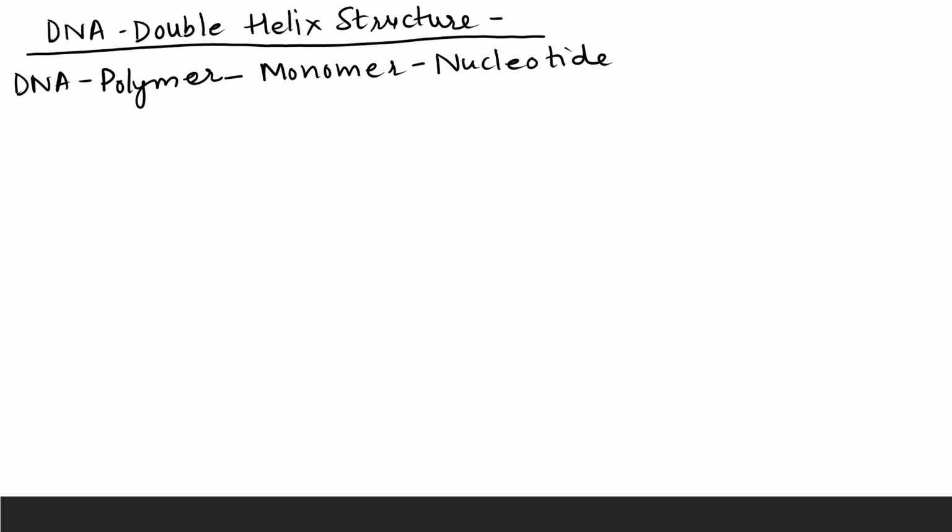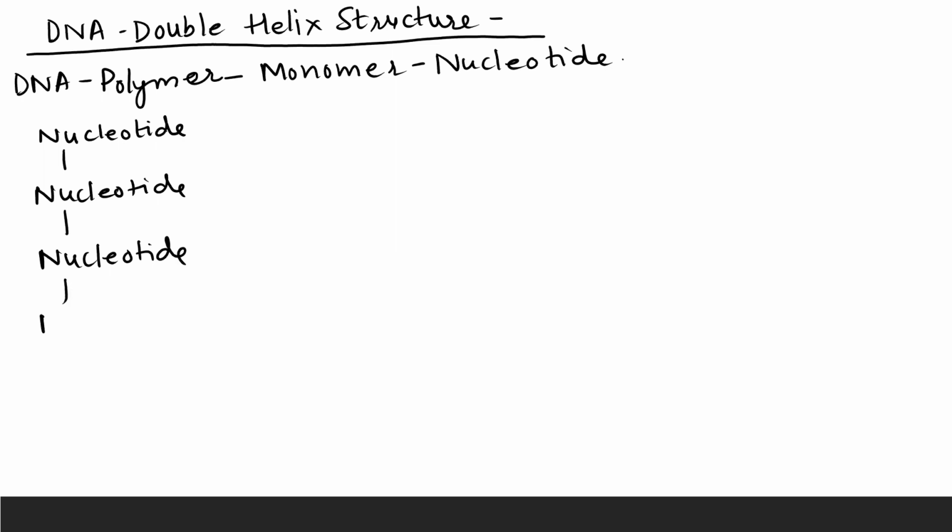So in this video, what we are basically doing is making the monomer nucleotides join together and make a big chain. That chain will be known as a polymer. This is what we want to do in this particular video.